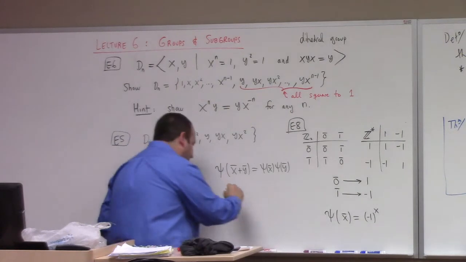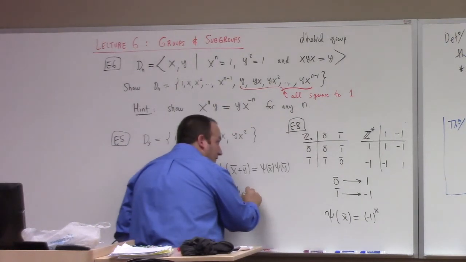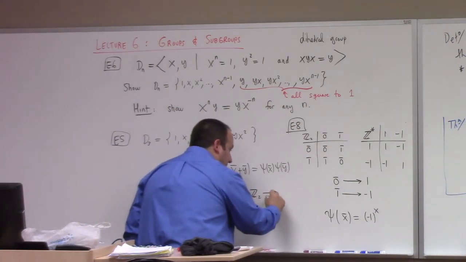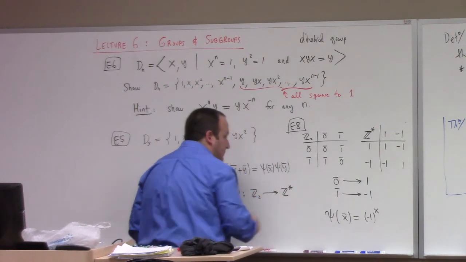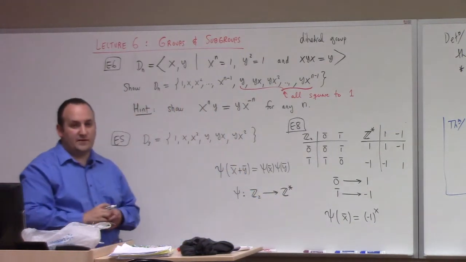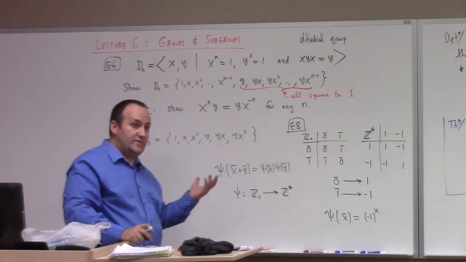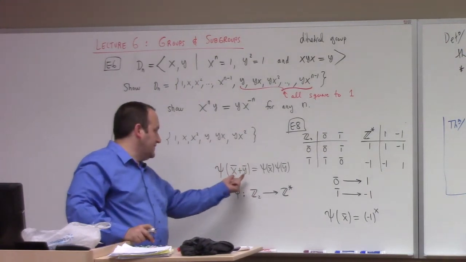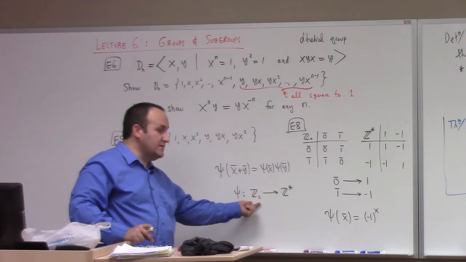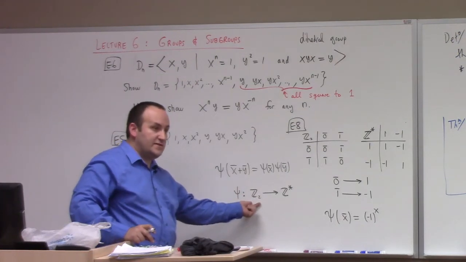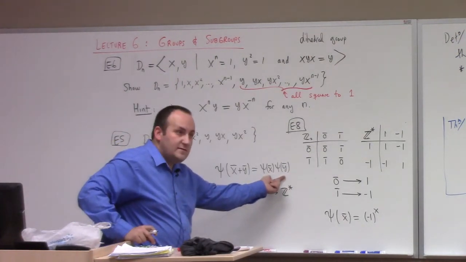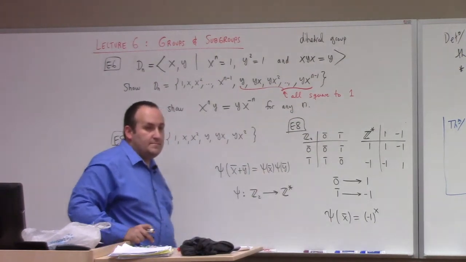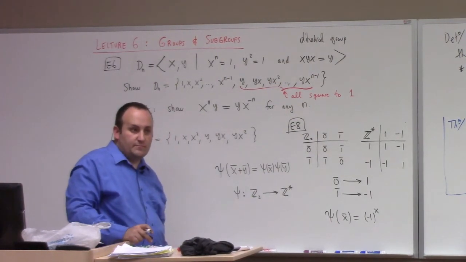So this psi is a mapping from Z2 to Z star. In fact, it's a bijection from Z2 to Z star that takes the group operation in Z2 and transfers it to the group operation in Z star. Psi is what we call an isomorphism.